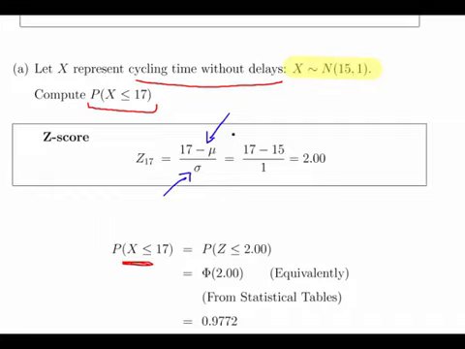The z-score corresponding to 17 minutes when x is normally distributed with a mean of 15 and a standard deviation of 1 is 17 minus 15 divided by 1, and that gives us a z-score of 2.00.